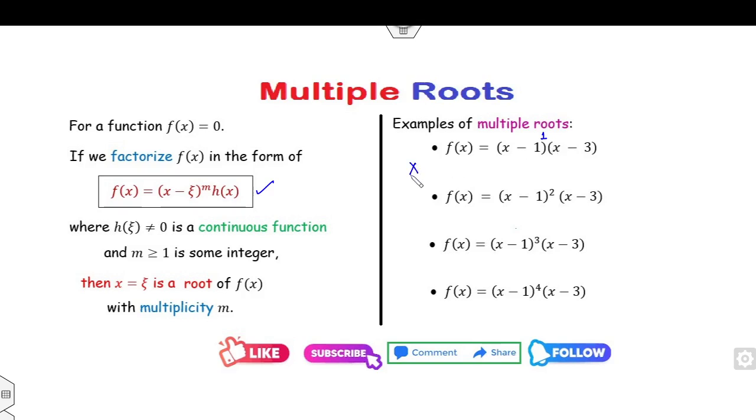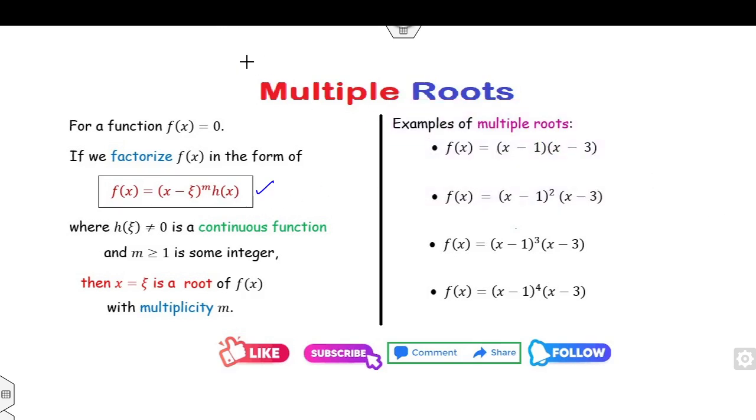So if I consider this as (x minus xi) and this as h(x), clearly x equal to 1 is the root. Why? Because h of 1 is non-zero. So x equal to 1 is the root, but the power is 1, so the multiplicity is 1.